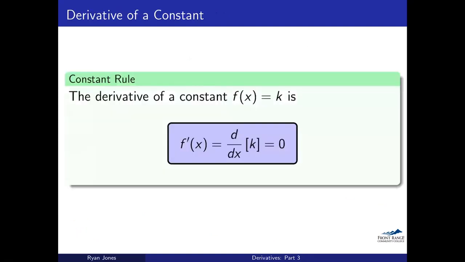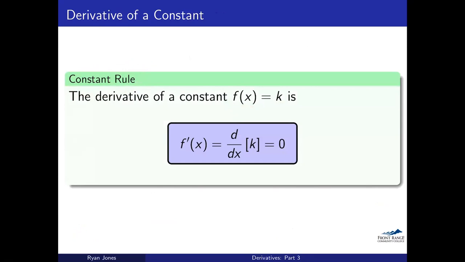And so what I want to start right off with is what I'm going to call the constant rule. Just make a note here, I am going to talk about the constant property later. Those are very different things. This constant rule talks about when I have a function that is just a constant.